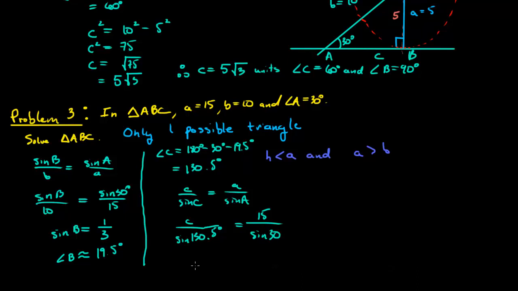And thus C is equal to 15 sine 130.5 degrees over sine 30.